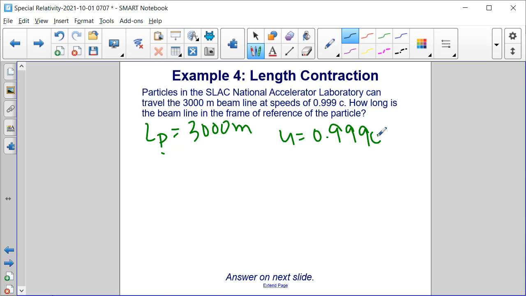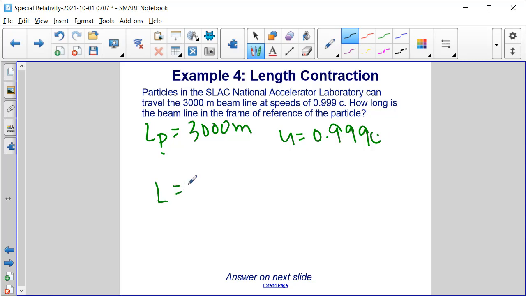Very near the speed of light, right? But not quite. How long is the beam line in the frame of reference of the particle? So the particle itself that's moving. What length is its frame of reference measuring?